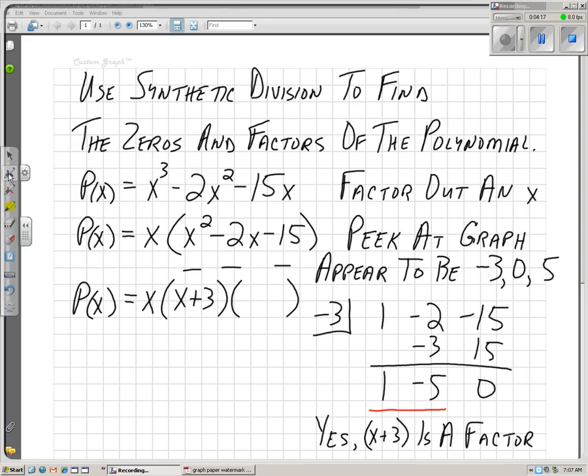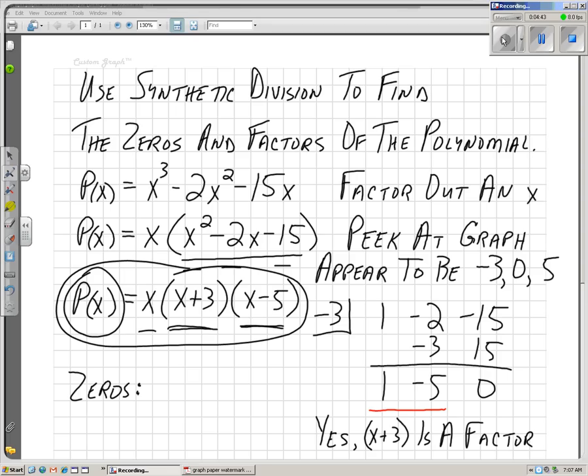So that means I have an x minus 5 left over. I took the polynomial x squared minus 2x minus 15, divided it by x plus 3, and what I got was x minus 5. So breaking the polynomial p of x down into its factors, it's x times x plus 3 times x minus 5. There's our answer.